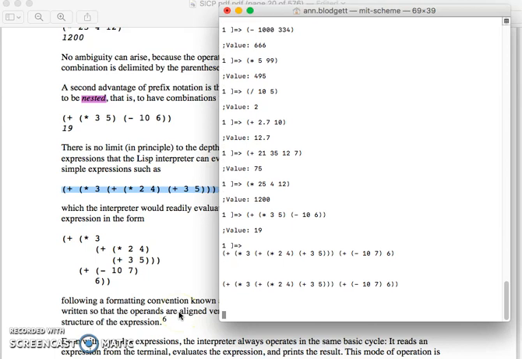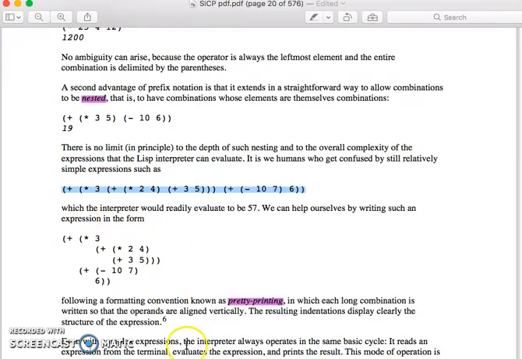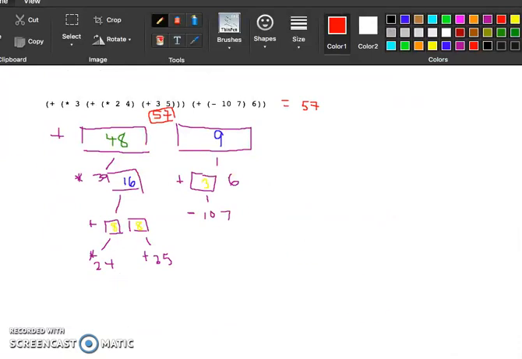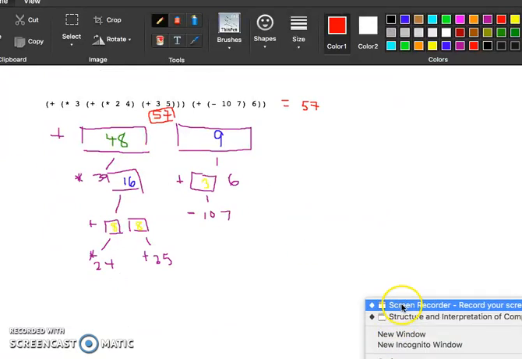So anyway, the interpreter would readily evaluate it to be 57, which we got! Only after a lot of work though.